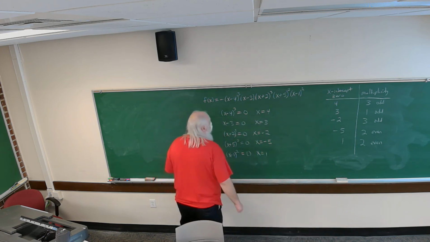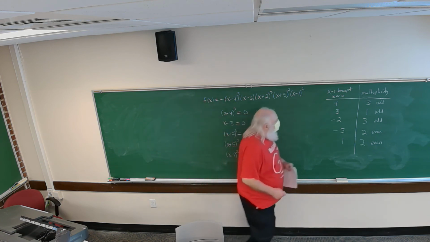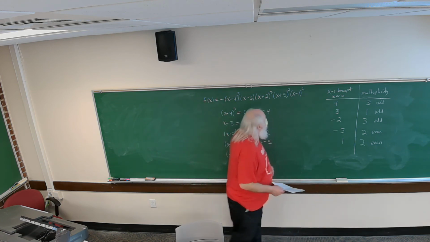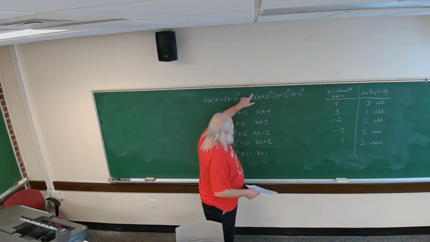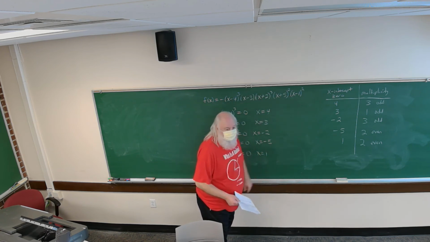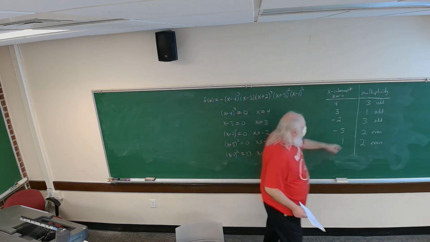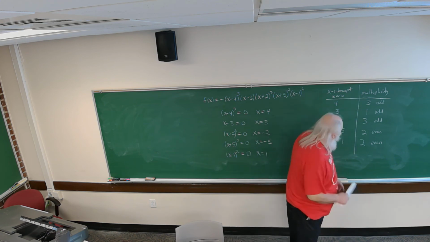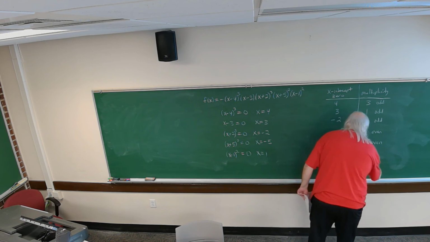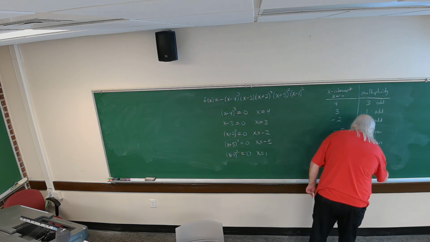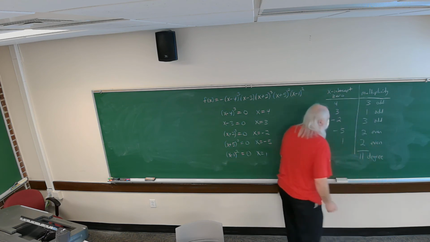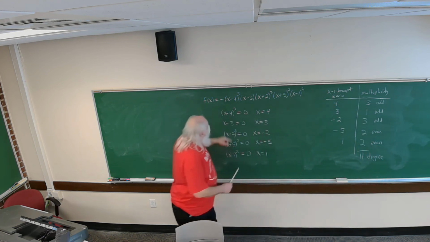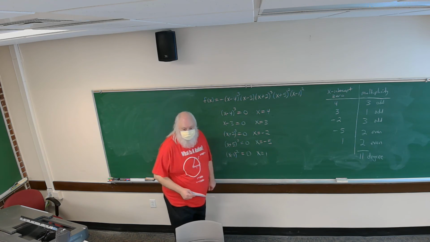So, the degree of our polynomial is found by adding up these exponents, adding up the multiplicities. 3 plus 1 plus 3 plus 2 plus 2 is equal to 11. So that is the degree of the polynomial, right? You add up the multiplicity or these exponents on the factors.